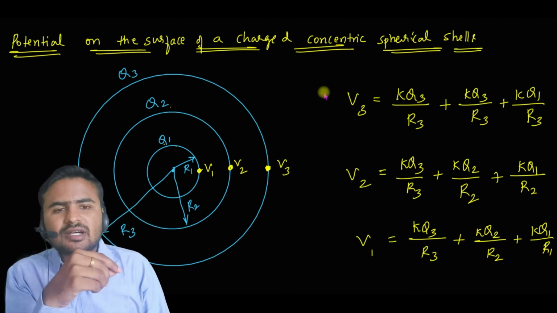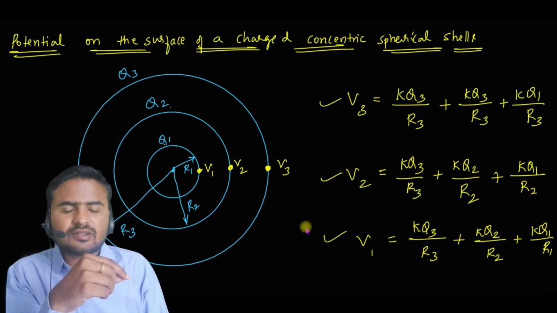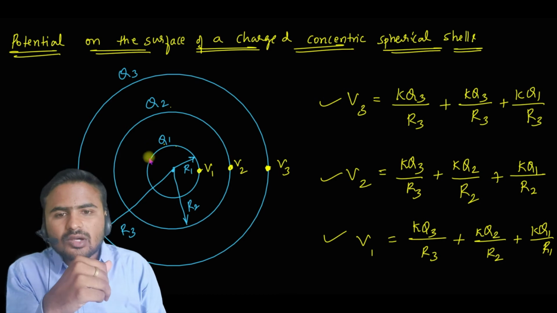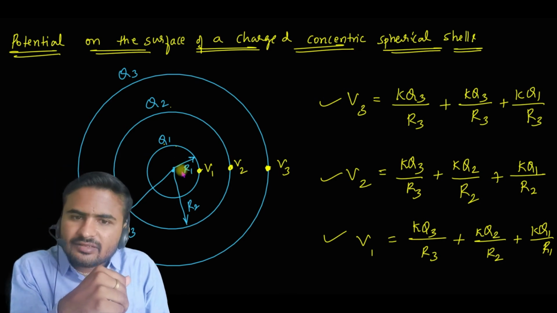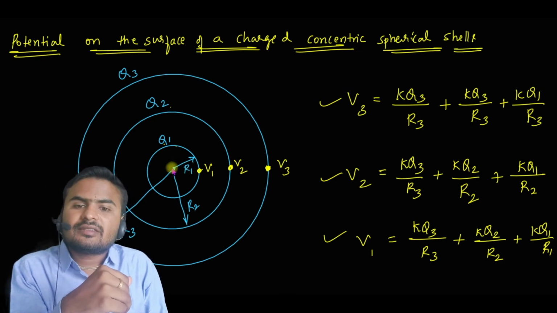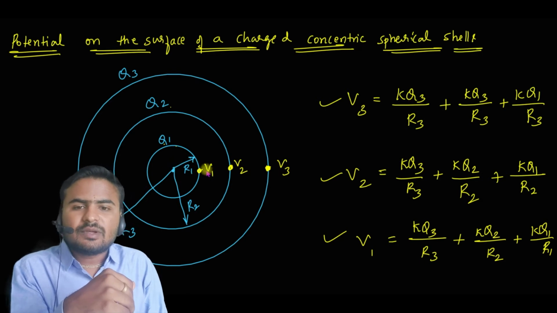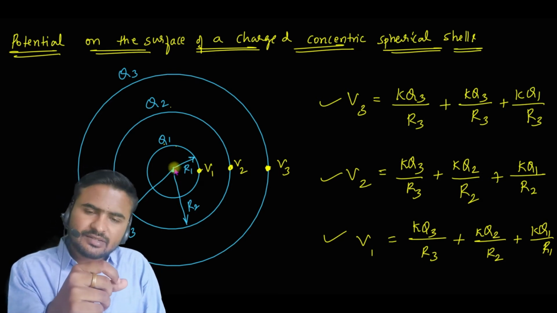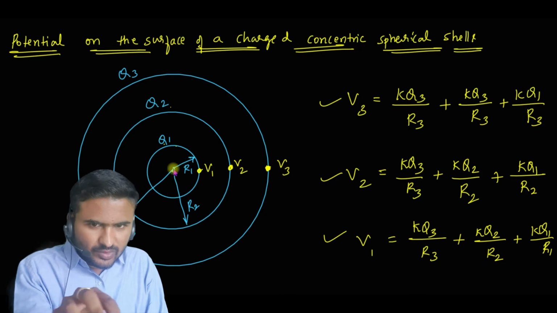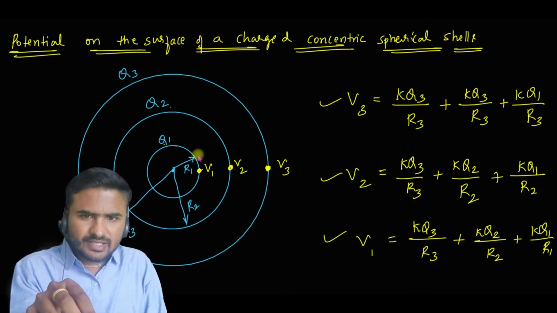So these are the potentials on the surface of these three charged bodies. Now if I'm inside, what will be the potential everywhere inside? Everywhere inside the potential will be V1, because the moment I move inside, I'm inside all three spherical shells.